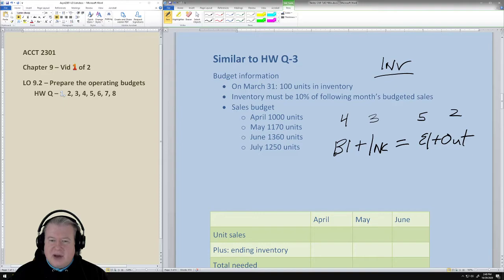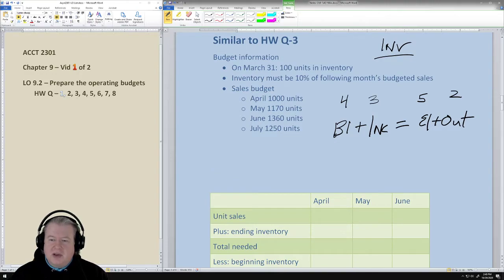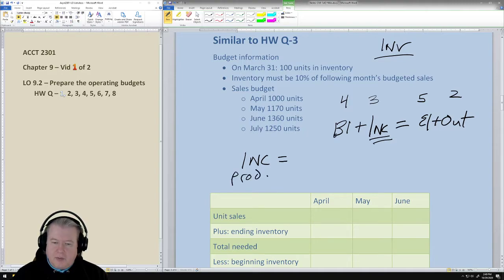So if you notice down here, we're actually trying to figure out what are the units to produce, right? Well, the units produced, that's the incoming. Production is things you add to inventory. So we're actually trying to figure out for this item here. So if we rearrange this equation, it's going to be incoming or production, I'll put production here, equals, and we're going to switch this out according to how it's laid out here.